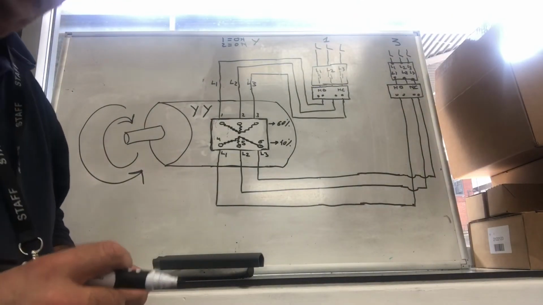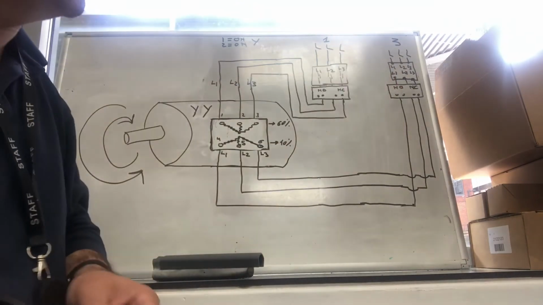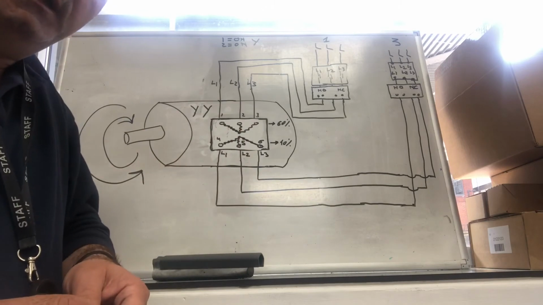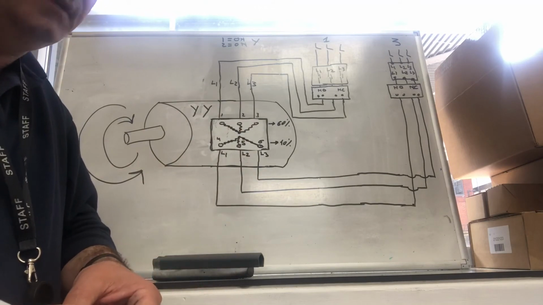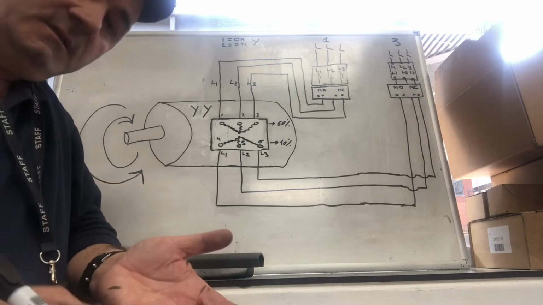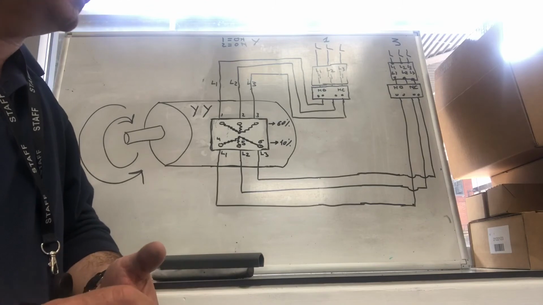So why do we use a normal overload? Do you see you have two overloads? Sometimes you need both windings to run, otherwise you can burn the motor, especially if it's a compressor, not a simple fan. You need both windings. So the first winding kicks in and the second winding is running.